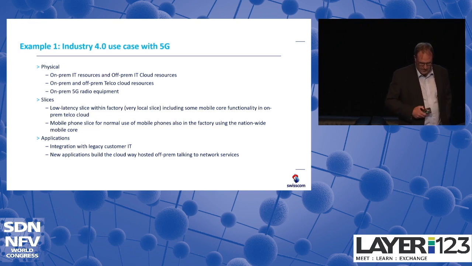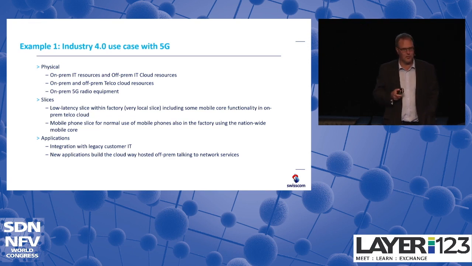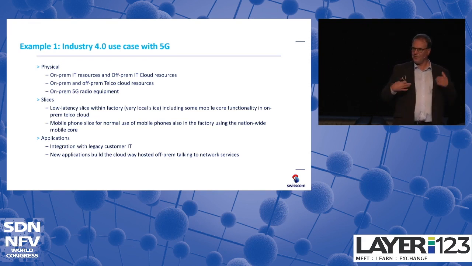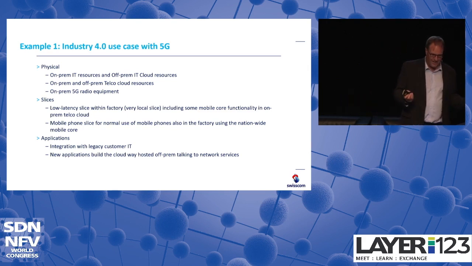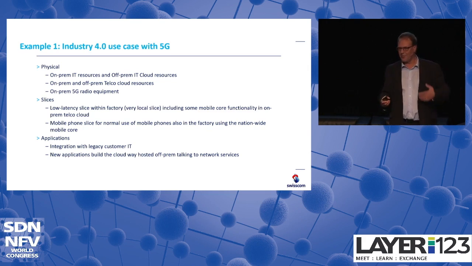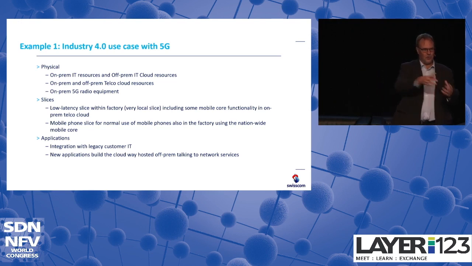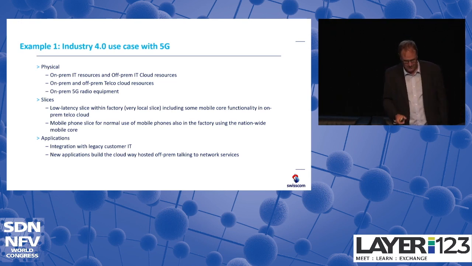But there is also the normal residential or enterprise mobile phone slice of Swisscom being put into the factory, because all these people have their phones there as well, and they want to use them normally. There was discussion of a third one for other things. But you see that even the slice concept can be very local or more global, and you need to bring parts of the slice here or there and so on.